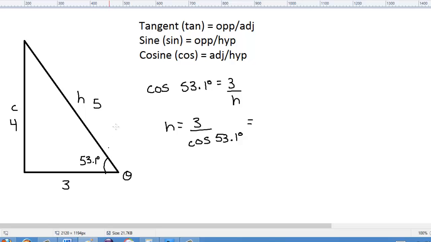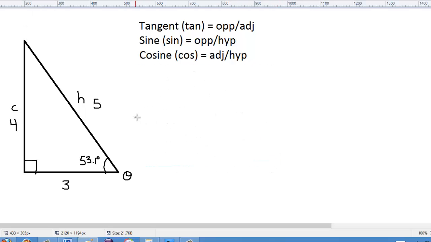And so you can see that I was able to get all 3 of the sides, and I know that this is a right angle, and so I need just one more angle, and I can use any of the other trig ratios to find it. What I'm going to do is use sine, for instance.